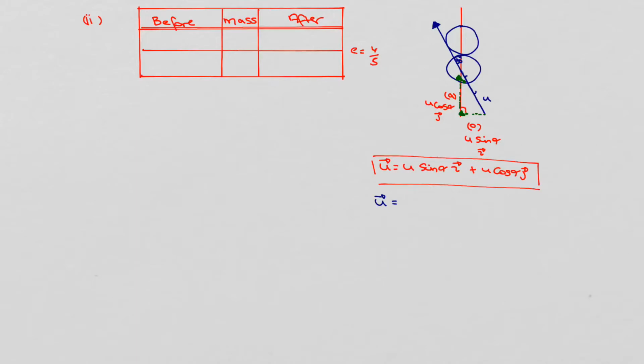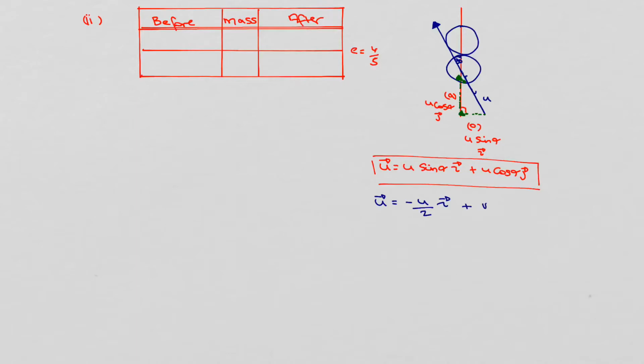So in other words, u is, again, if we look at the diagram here, it's actually going in the negative direction. So that's going to be minus u, and sine alpha, we've said, is a half because that's sine 30. So that's going to be minus u over 2 i. And then we have a positive direction for the j, and cos 30 is going to be root 3 over 2.